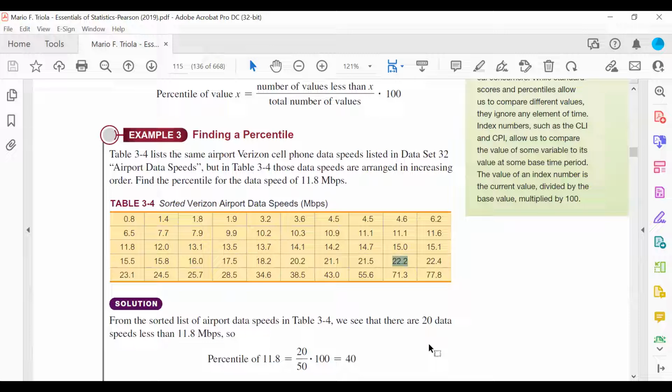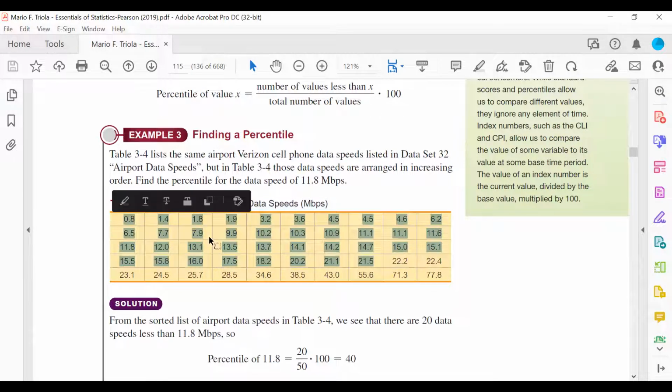Sorry, 22.2. All right, so count how many numbers are before 22.2. Let's count them. So I know I need to count all these numbers because they are before 22.2, right? So how many numbers?